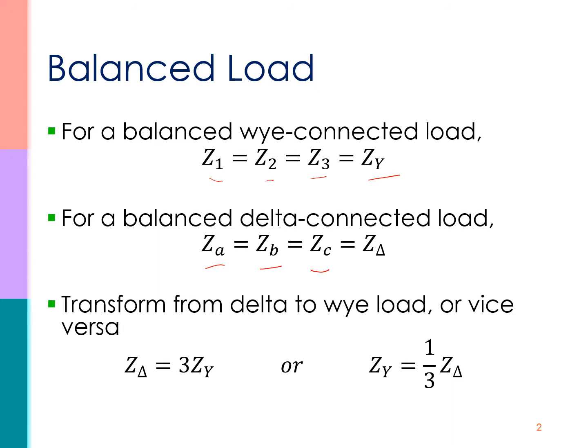If you have a Y load and you need to convert to a delta, you have to calculate the impedance for the Y connected load times 3. Or if you have a delta connected load and you want a Y connected load, you have to multiply by 1/3 times the delta connected load.